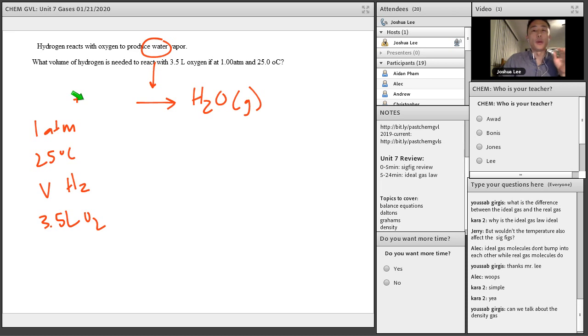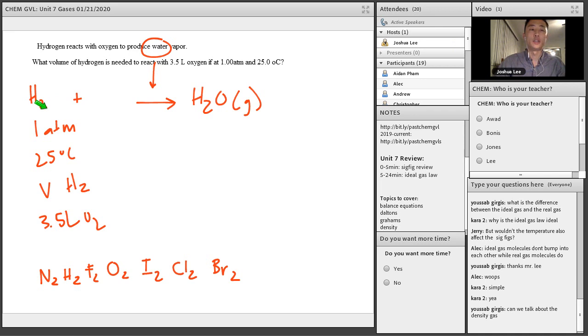And this is the part where you have to remember a couple things. You have to remember the diatomics: never have fear of ice, clear beverages. So when we're talking about hydrogen, we're actually talking about H2, and that's a gas. And then oxygen, O2, also a gas.